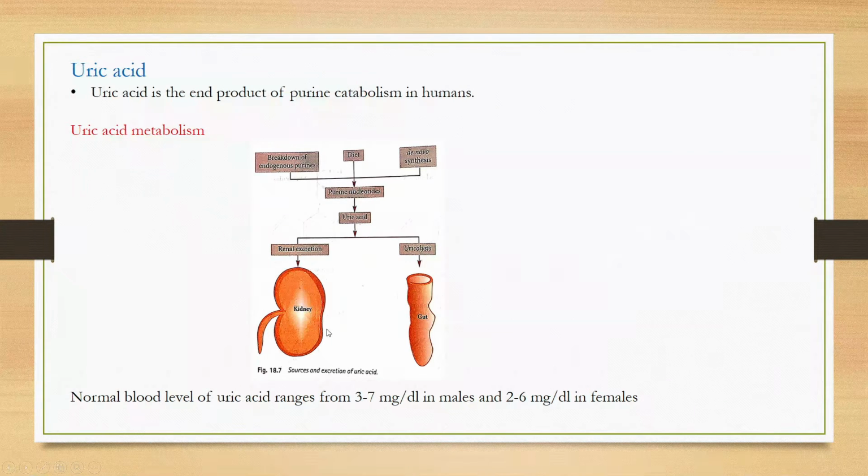In chronic renal failure, the blood concentration of uric acid rises when the glomerular filtration falls drastically. The normal serum level of uric acid is 3 to 7 milligram per deciliter in males and 2 to 6 milligram per deciliter in females.